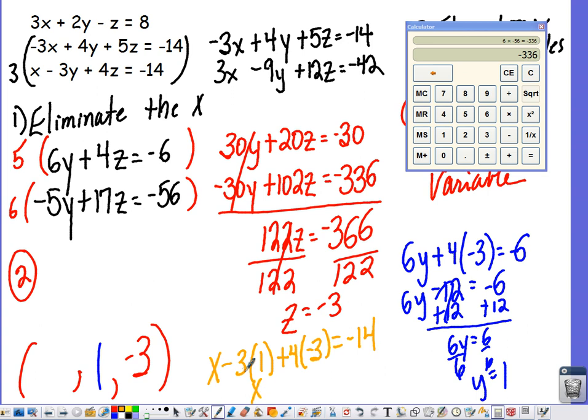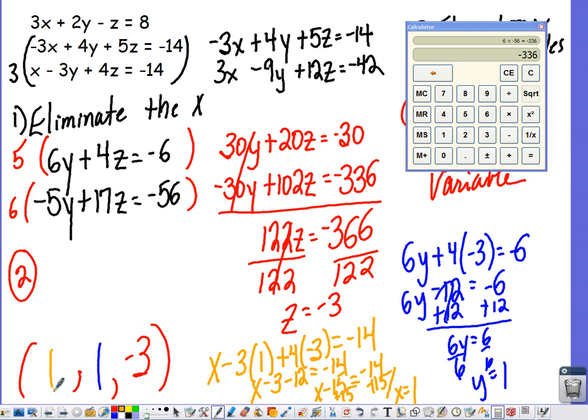So x, -3 times 1 is a -3, minus 12 equals -14. So I get x minus 15 equals -14, and then I add 15. So my x is 1.